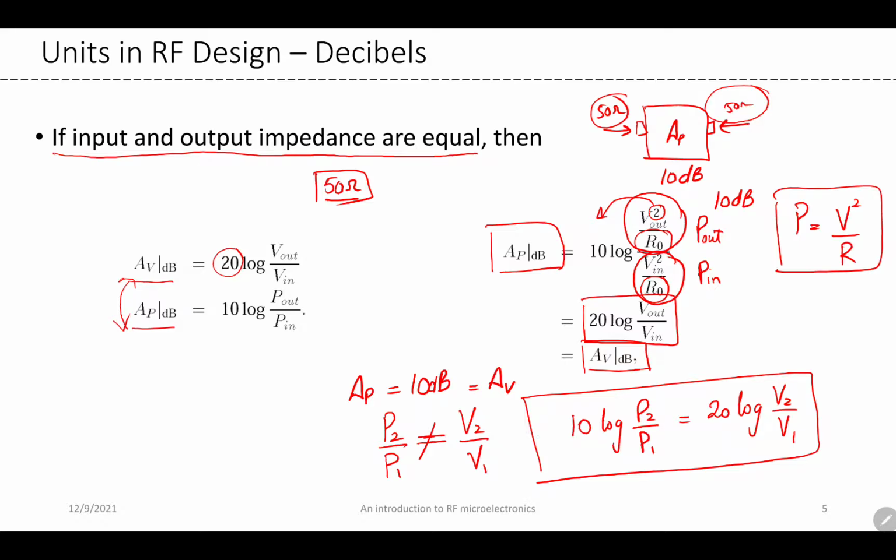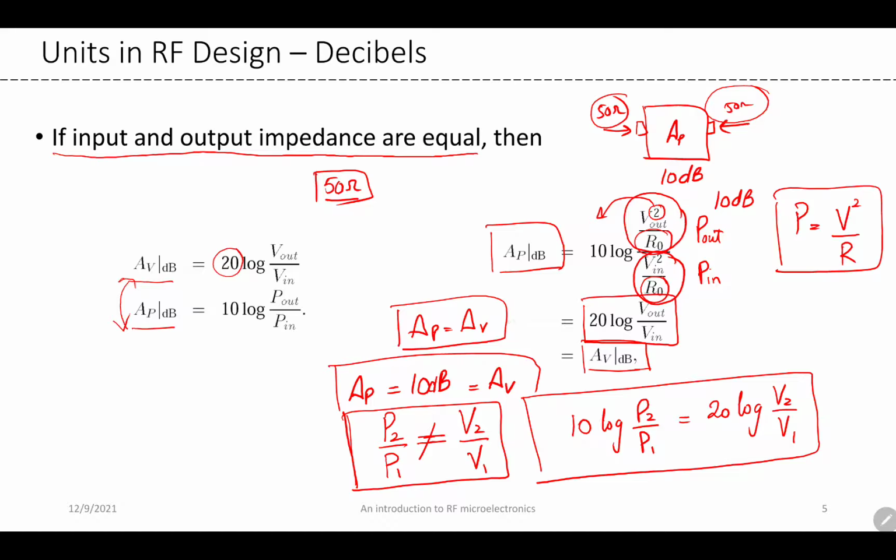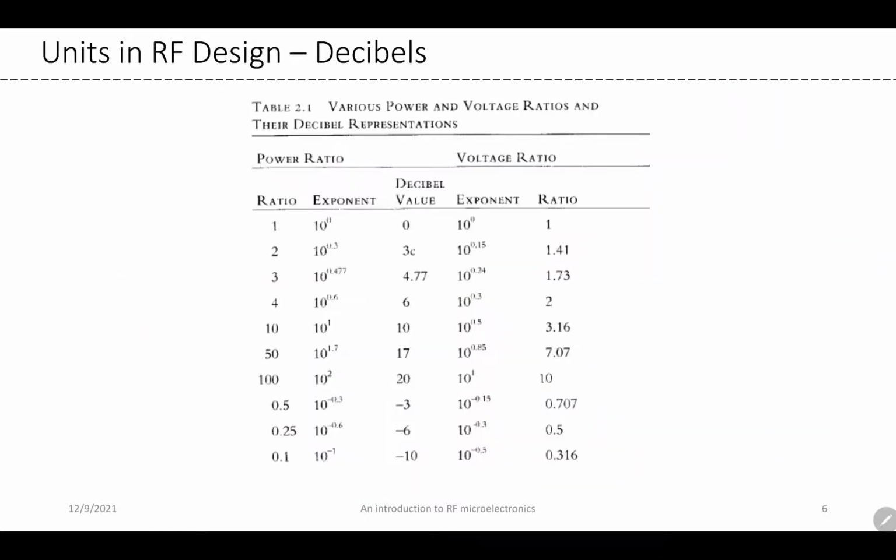So this is different from that, right? You can't simply say P2 by P1 equals V2 by V1 just because AP equals AV. AP equals AV, but P2 by P1 does not equal V2 by V1. That's something you should remember, and we'll understand this better in the next slide.